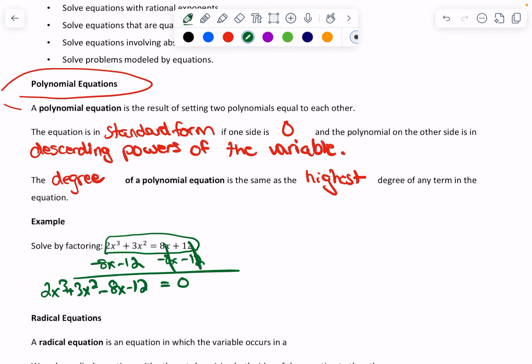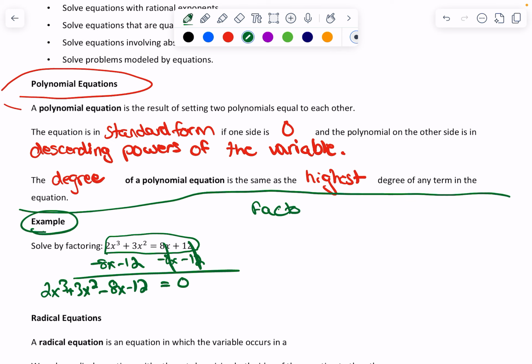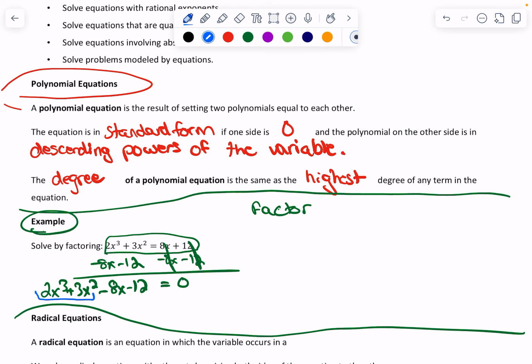Our second step is factoring. We're going to factor the equation that we just got. The way we're going to factor this is we're going to group it. We're going to look at the greatest common factor of 2x cubed and 3x squared.